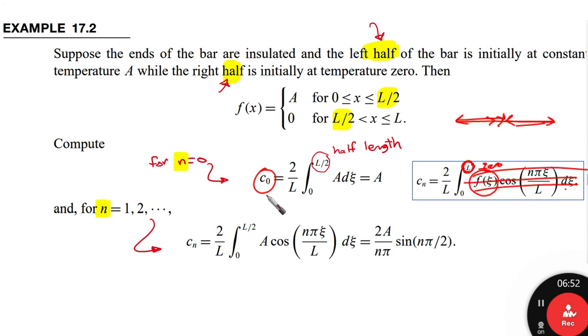So here we are going to compute our C node for the interval from 0 to L over 2. So it equals 2 over L, A, which is the function f of z, dz, right? The function here is going to be the constant that we mentioned before.